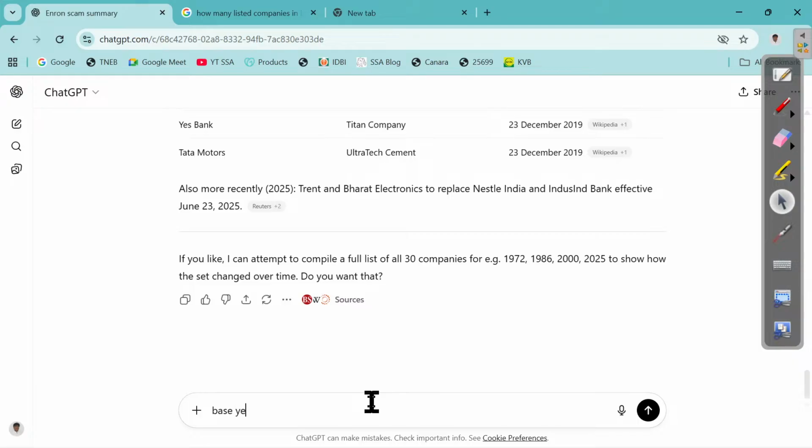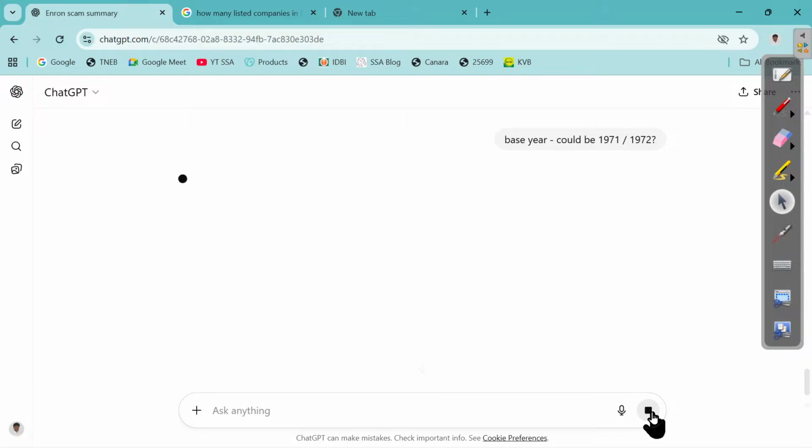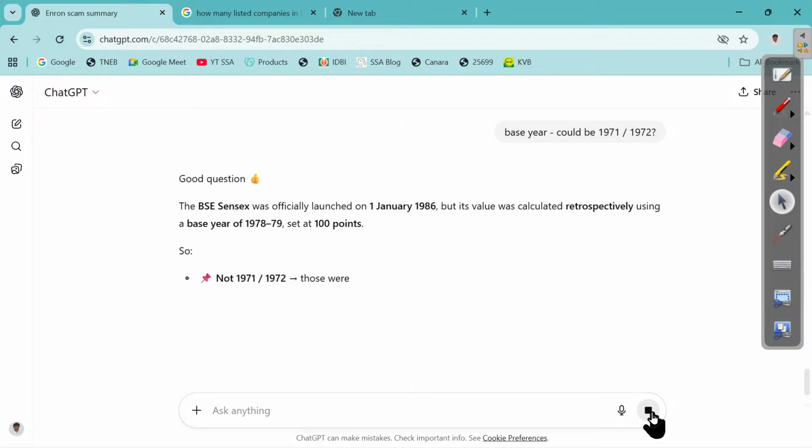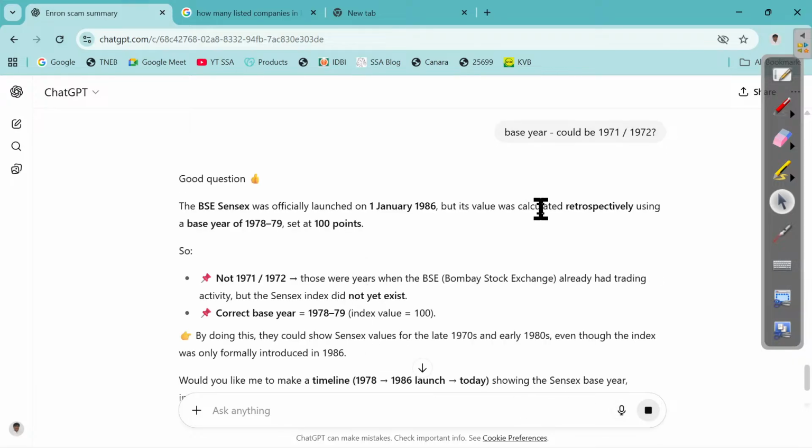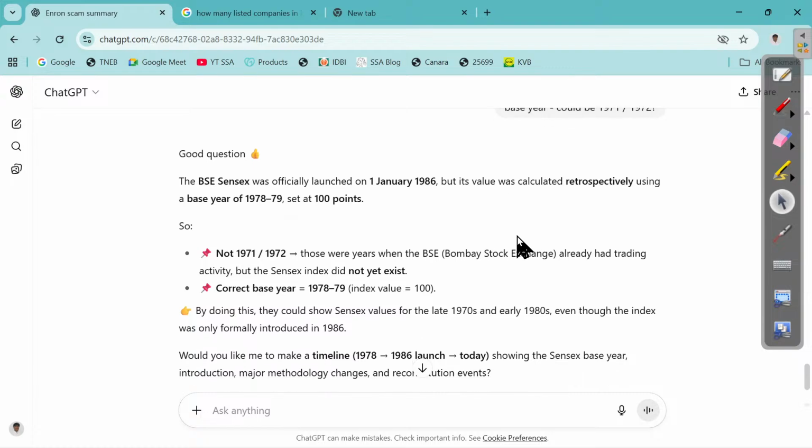Base year could be 1971 or 1972. Not 1971. In those years BSE already had trading activity, but the Sensex index did not exist. The index was introduced only in this year. Okay. Anyhow, good.